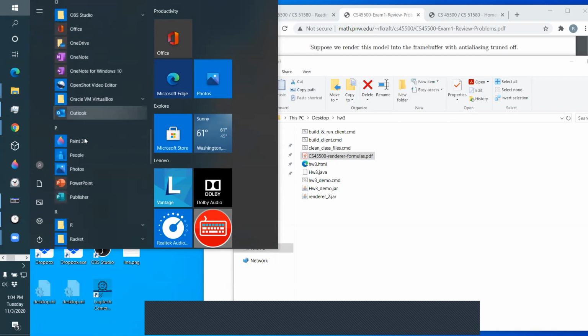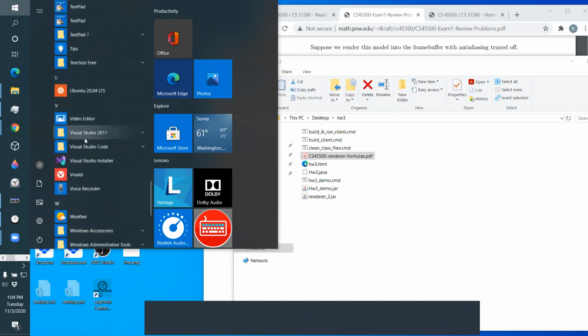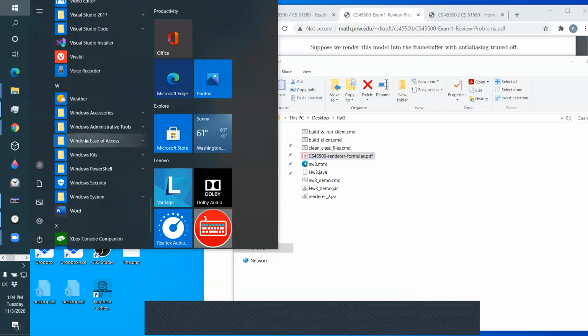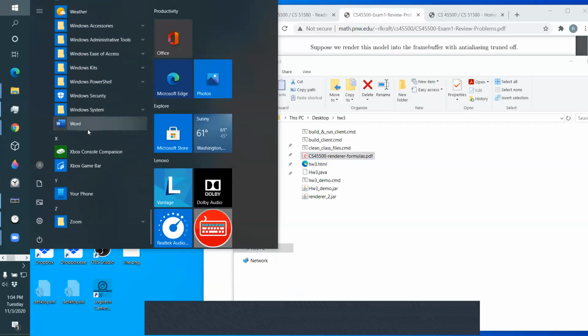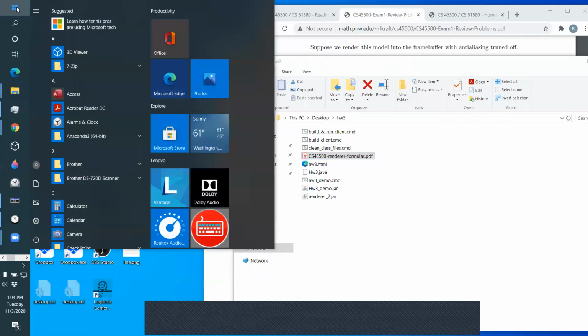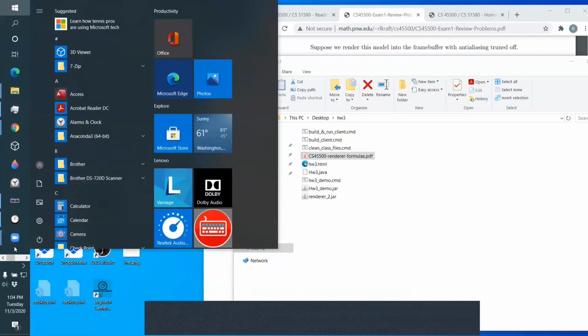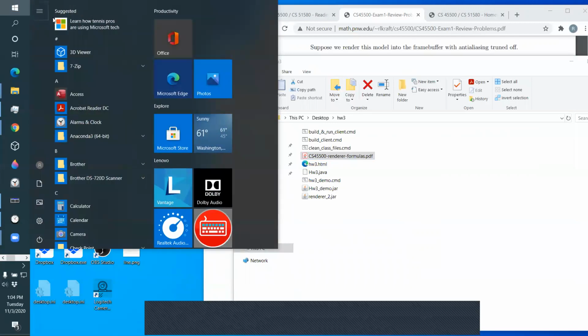I don't even know where Paint is. You can just type Paint.